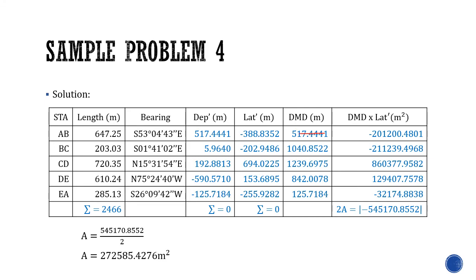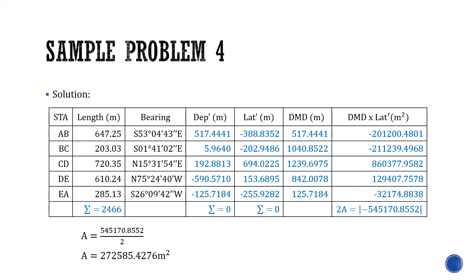Ito, plus ito, plus ito, equal dito. By the way, hindi kasama yung latitude, no? Okay, ito plus ito equal dito. Paano yung third? Para mas maintindihan natin. Yung third course, ito naman, no? Ito plus ito equal dito.